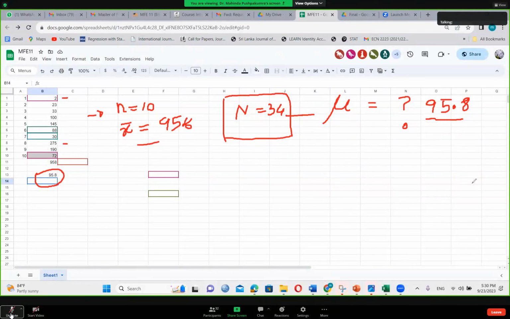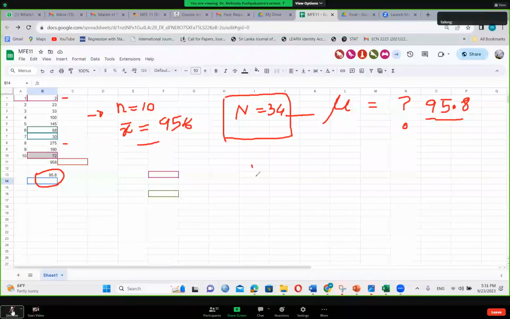Yes. Could be similar. No? Would be similar. Okay. Close to that. Okay, any other idea? So actually now in this case, our population is 34.